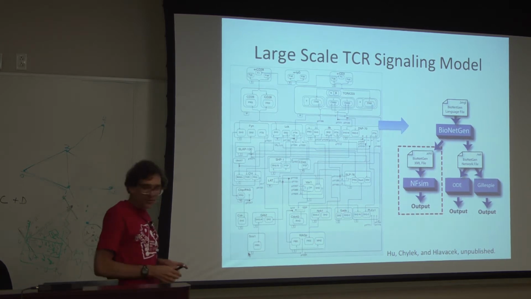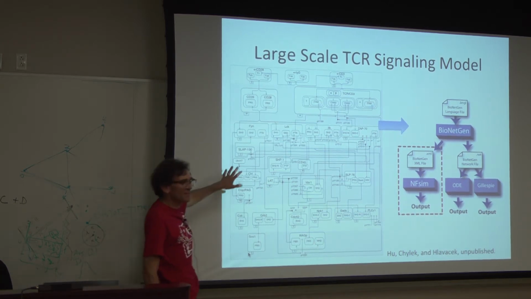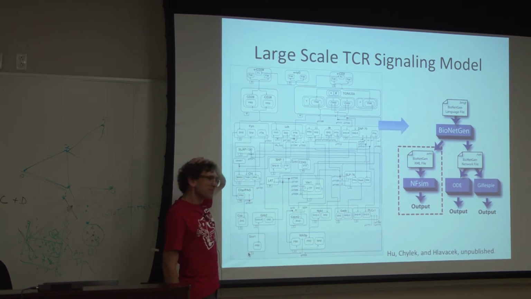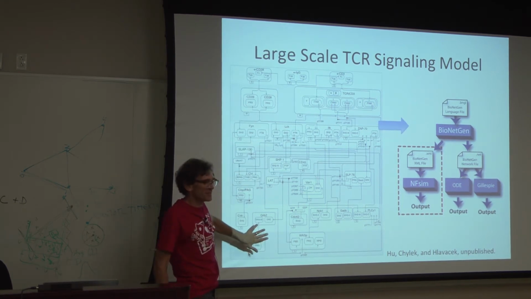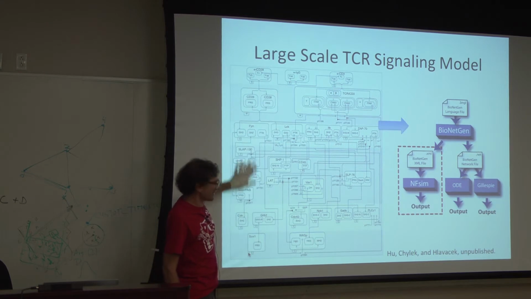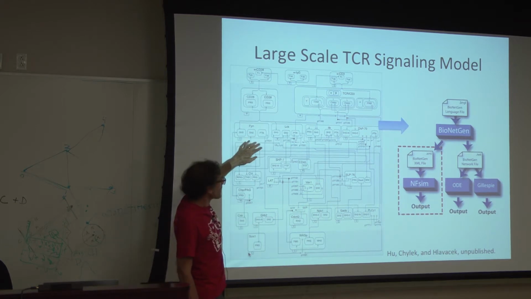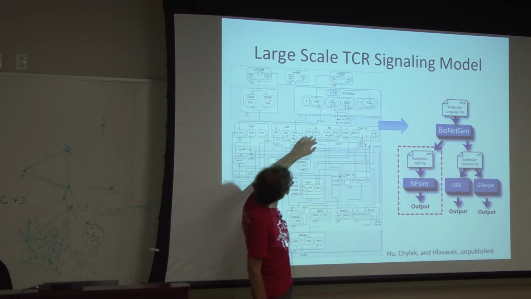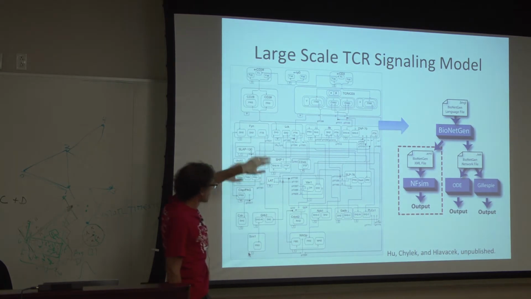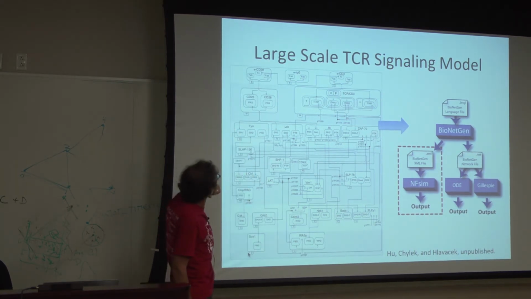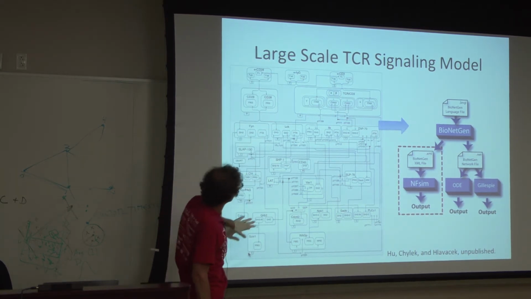Let me show you something. Here's the logical consequence of the statement that you quoted. If we want to know what happens in a cellular response, we need to look at signal transduction. Well, this is a model of T cell receptor signaling. I know it's very hard to read the individual components.